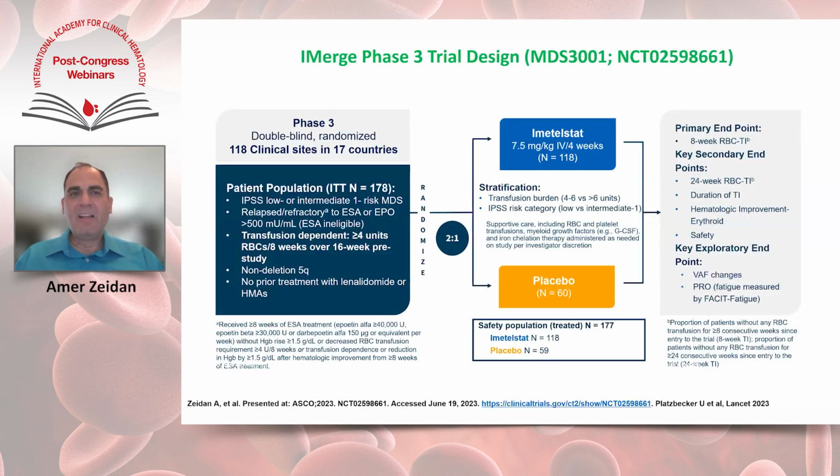This was a randomized phase 3 trial that randomized patients in 2-to-1 fashion to receive imetelstat versus placebo. And this trial was blinded and took place in more than 17 countries, a very large international study.